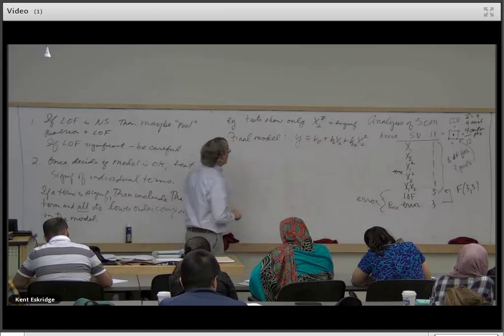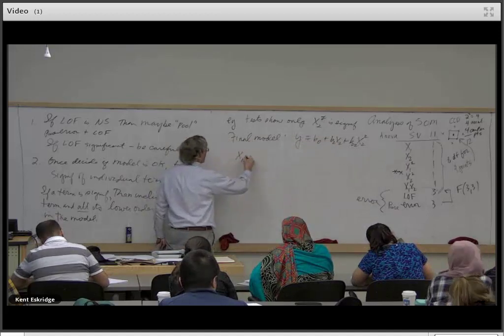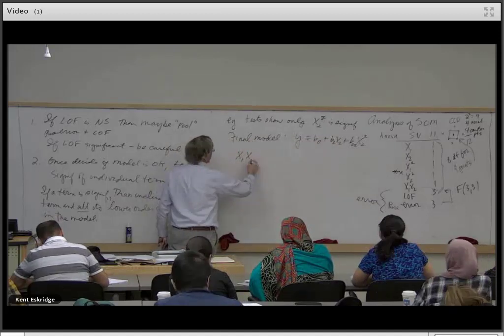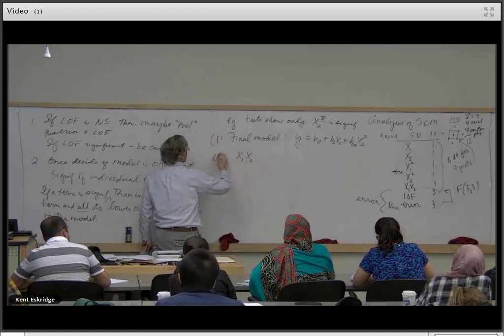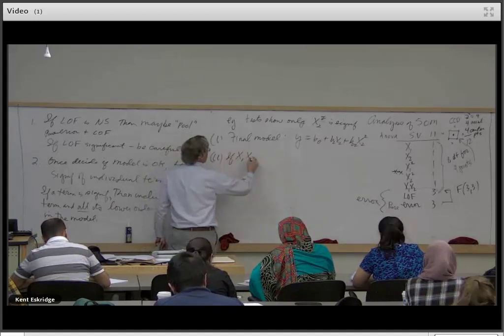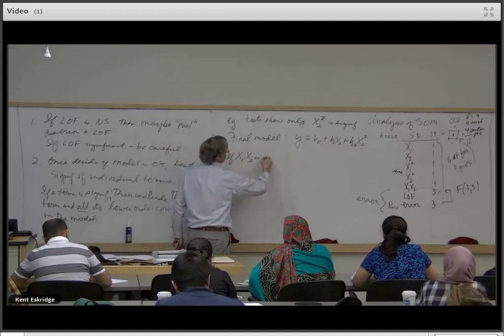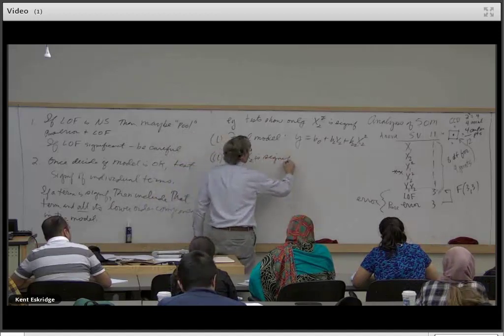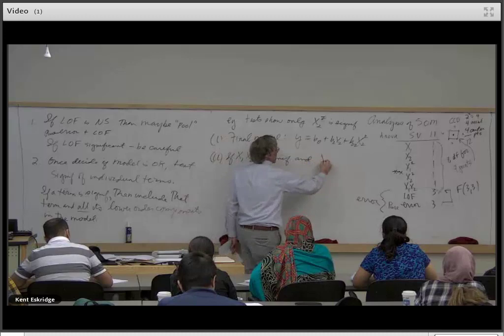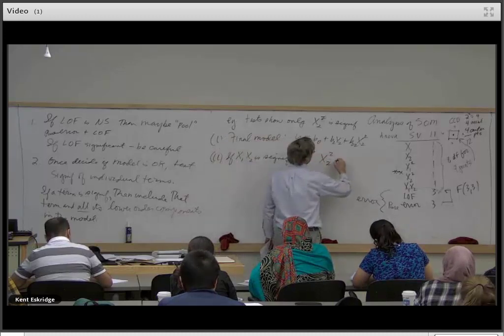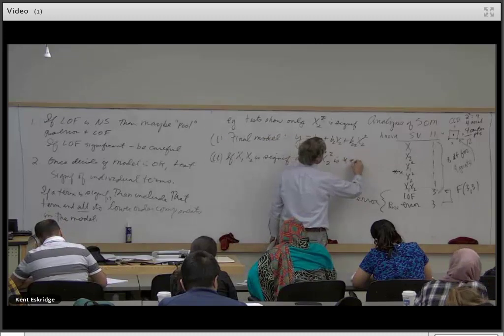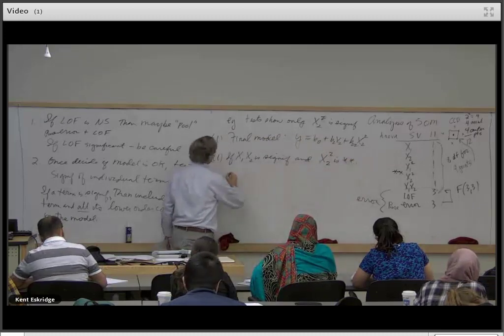Right? How about if x1 x2 is significant, and x2 squared is significant, then what's the final model?